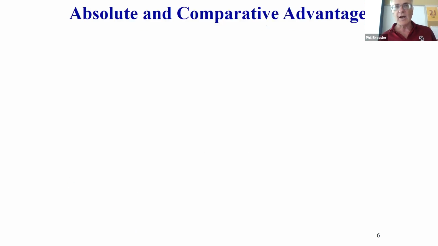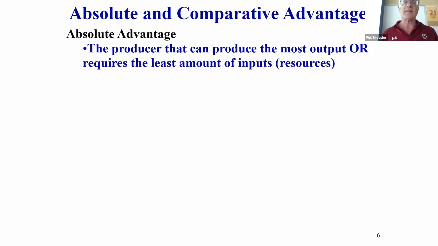All right. Here's kind of where we left off. Last week, absolute advantage. I'll go over this again, because we're covering a lot of information. It's the producer that can produce the most output. What do I mean? Who can produce the most barrels of corn? Who can produce the most guns, the most cars, the most computers? That's output. That's absolute advantage. Or it requires the least amount of input. What's input?